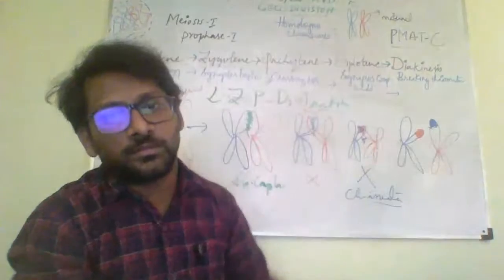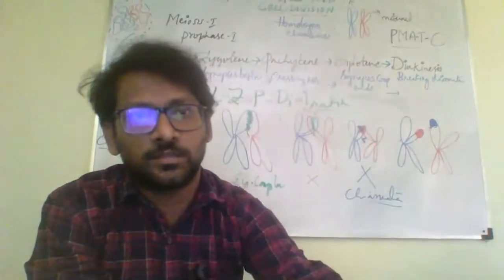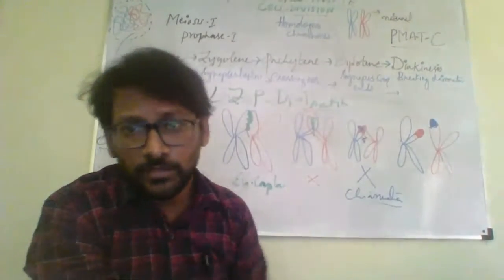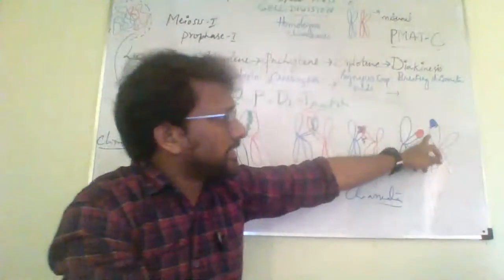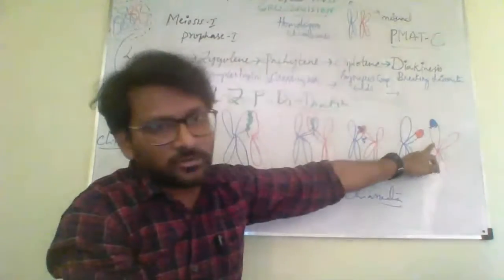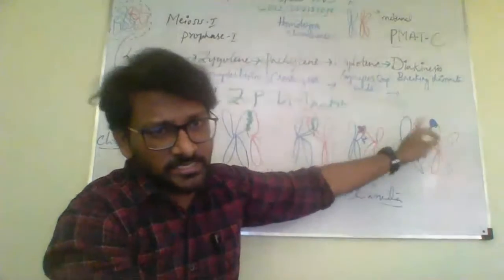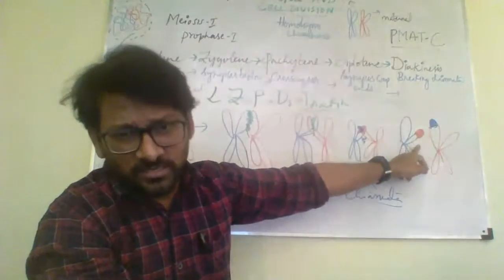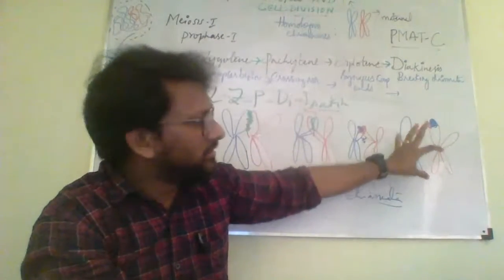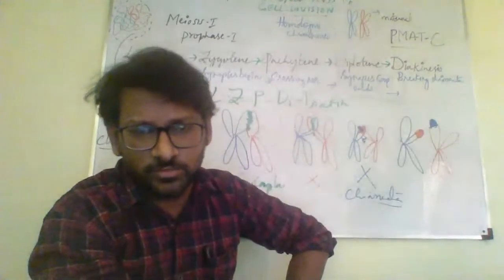Understood? Is it clear? So this is how genetic material from this red chromosome, that is maternal, is exchanged to the paternal, that is the father chromosome. So there is a mixing of the characters that would be expressed.